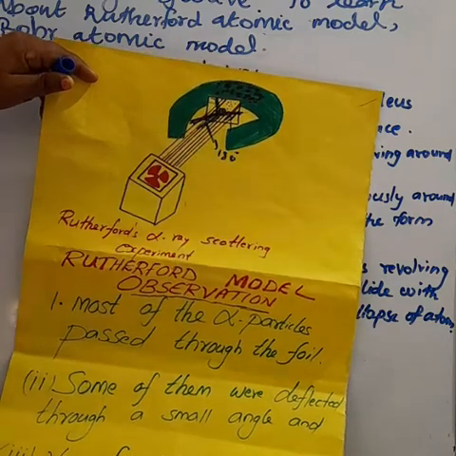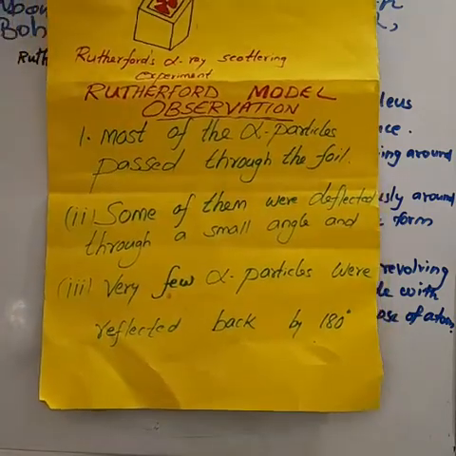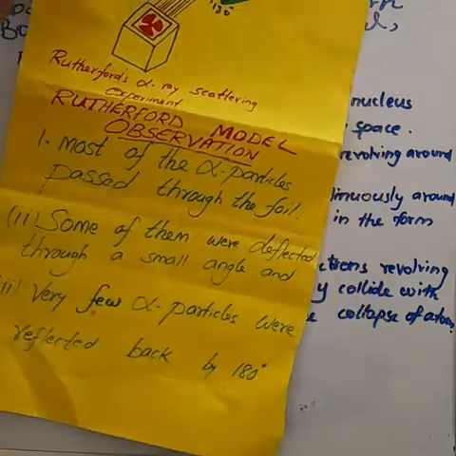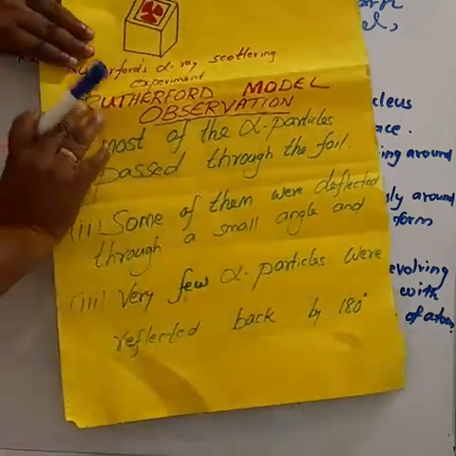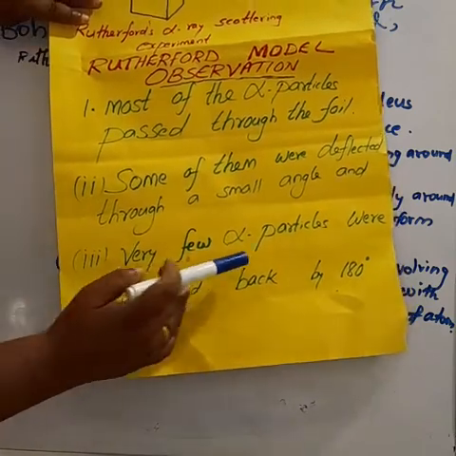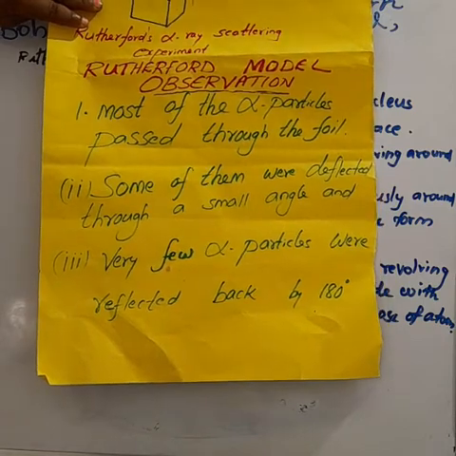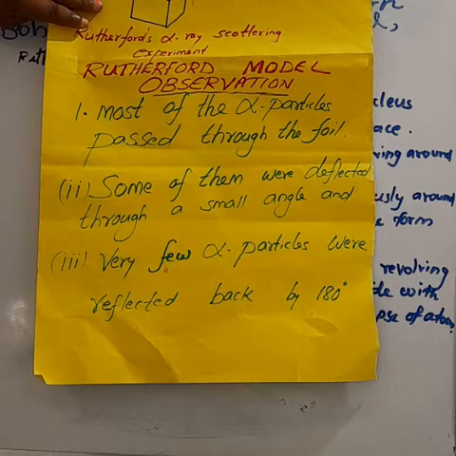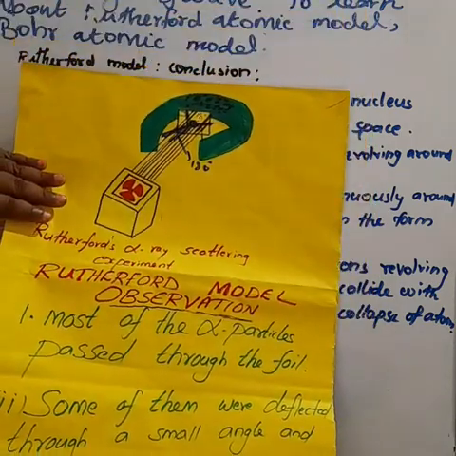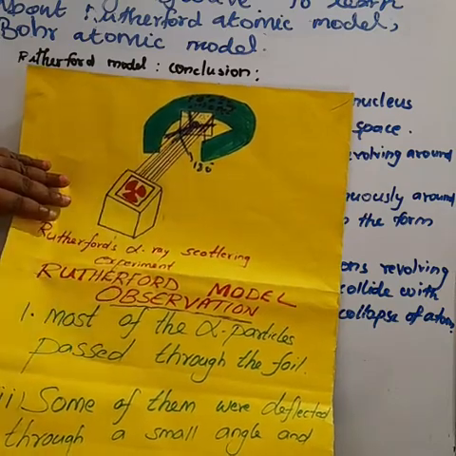Okay, students, the observations are: most of the alpha particles passed through the foil, some of them were deflected through a small angle, and very few alpha particles were reflected back by 180 degrees. He took a thin gold foil and a stream of fast moving alpha particles and passed them through the gold foil.